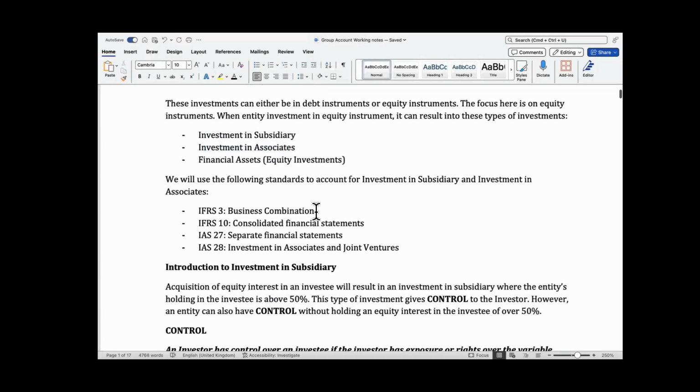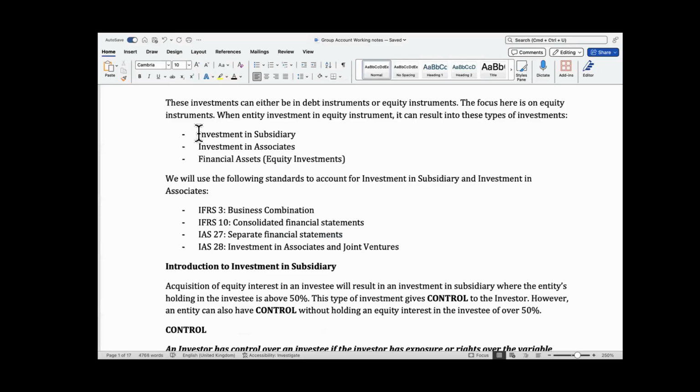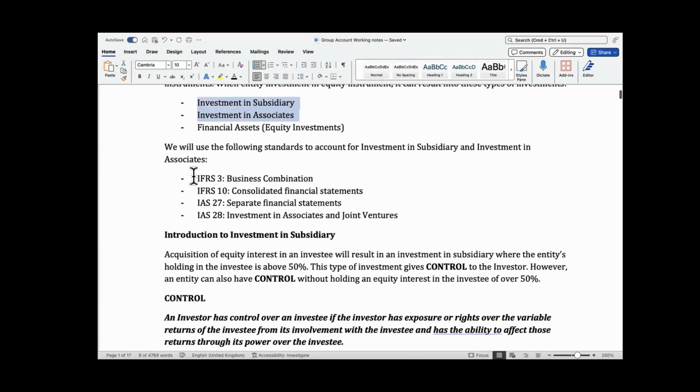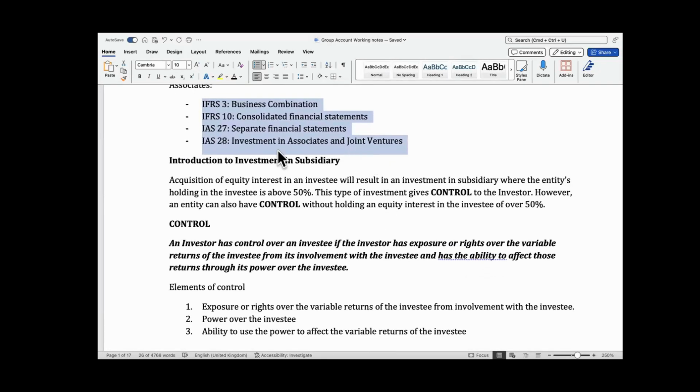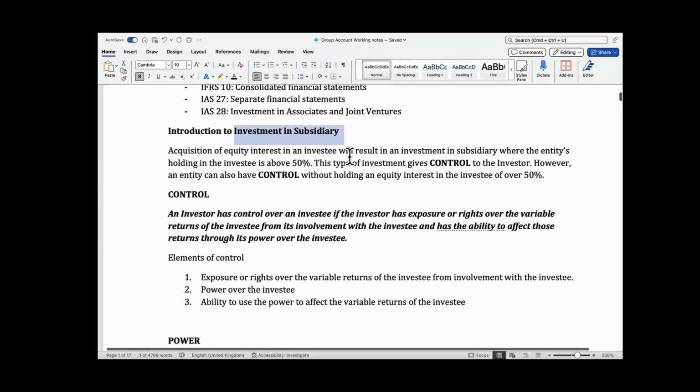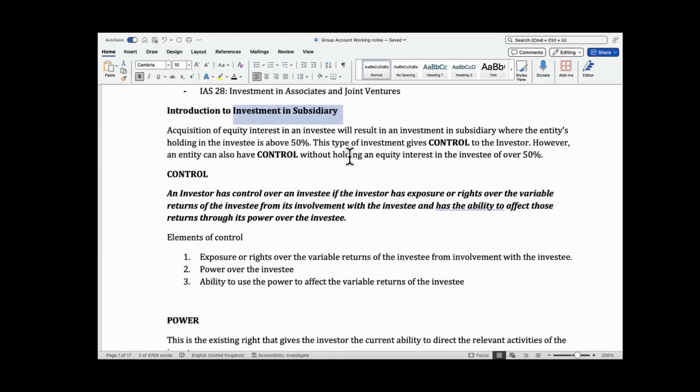Since what we want to learn is investment in subsidiary and associates, these are the standards we will use. I highlighted 4 standards, and truly these are the standards I will use to teach you. Then I introduced investment in subsidiary, explaining when you buy shares and your investment can be called investment in subsidiary. It's because your equity interest in that investee is above 50%.